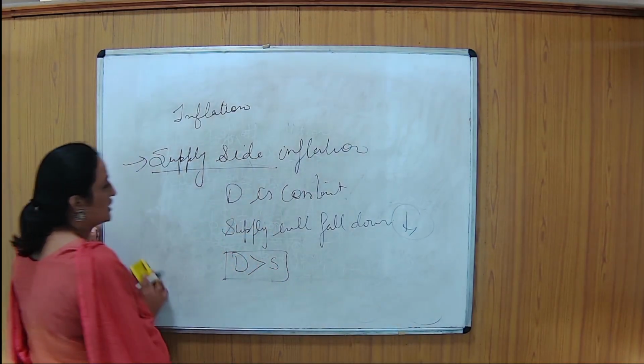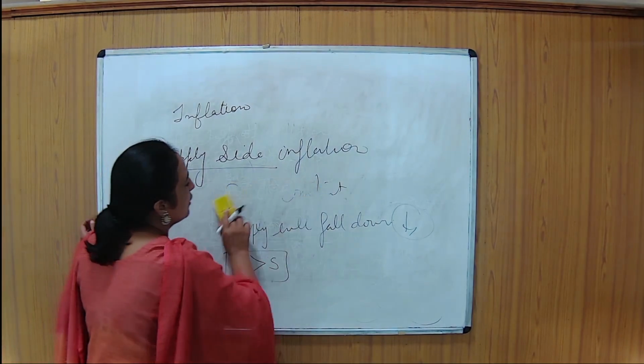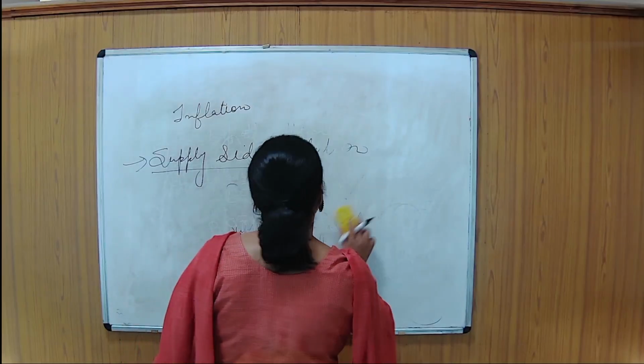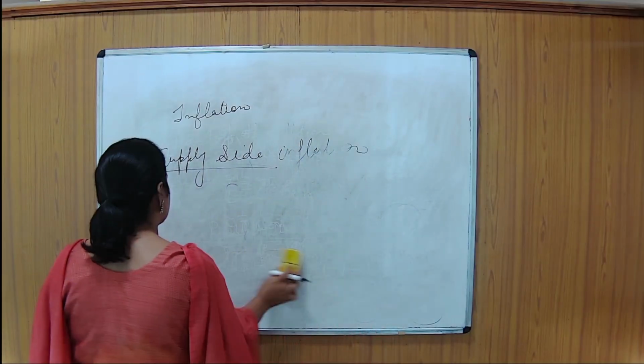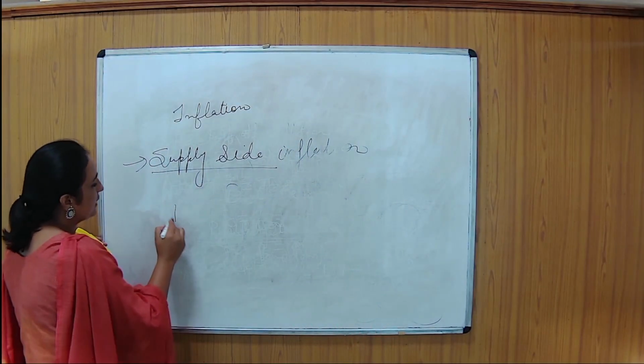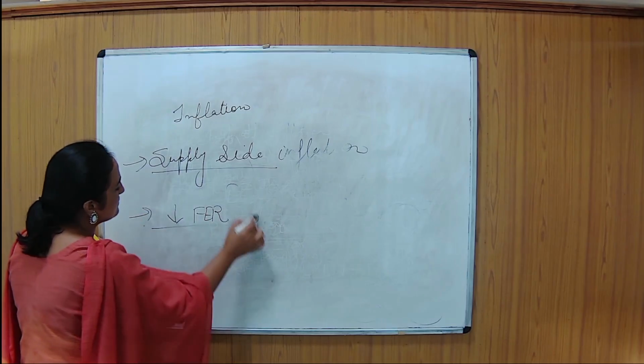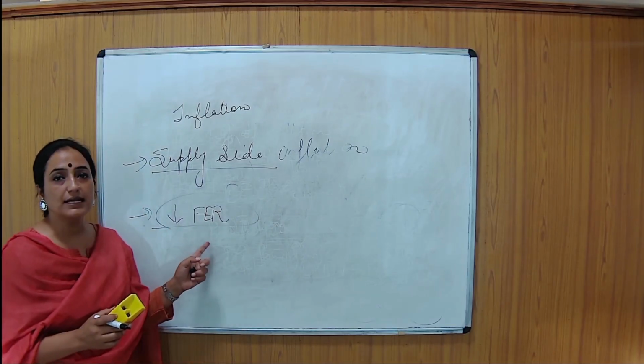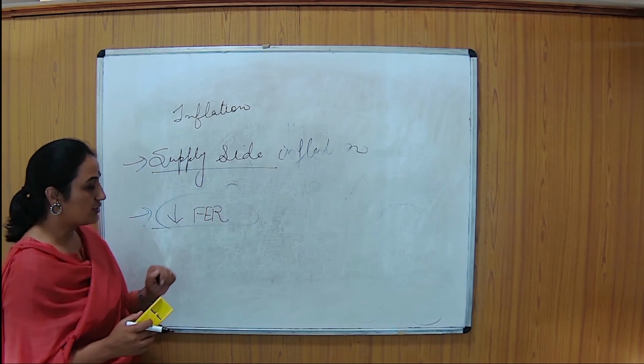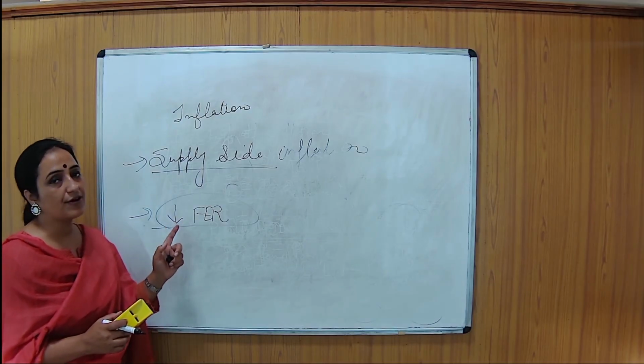So now we will check factor number 1. Decrease in the foreign exchange rate, just opposite. So you can see when we are talking about the demand side inflation, we are talking about increase in the foreign exchange rate.